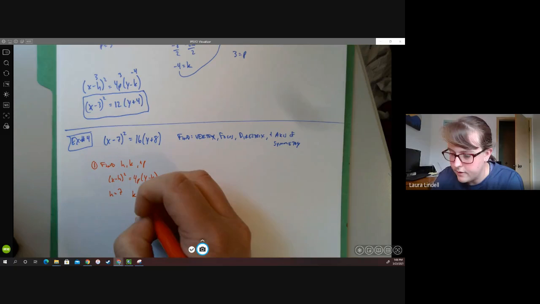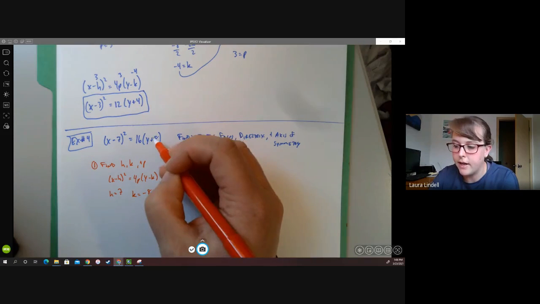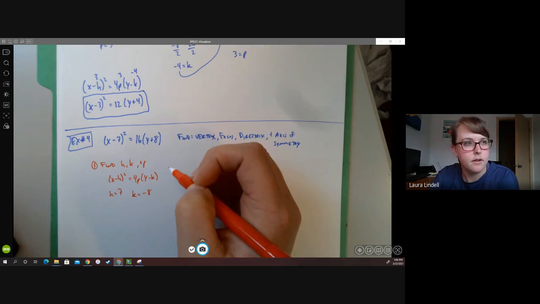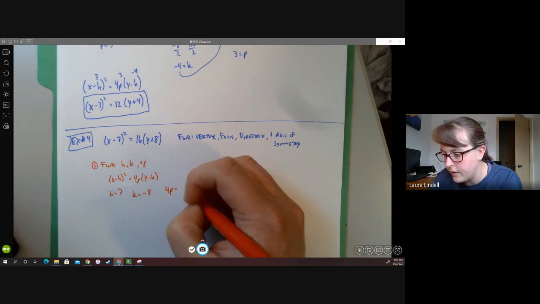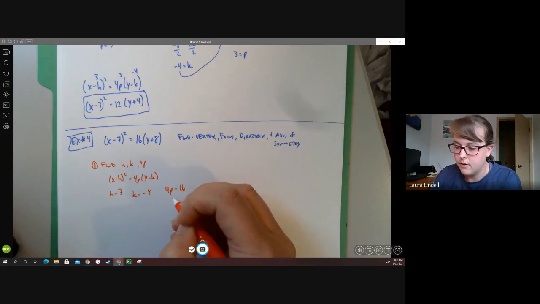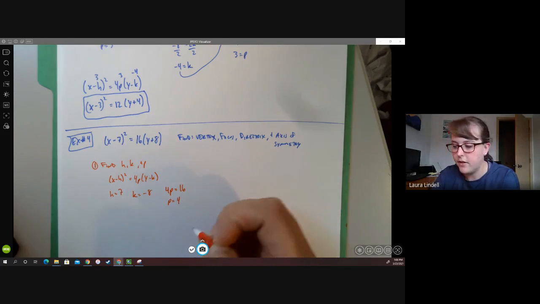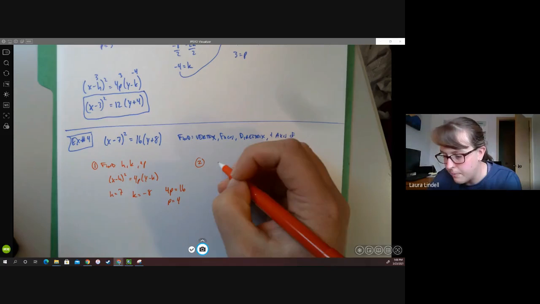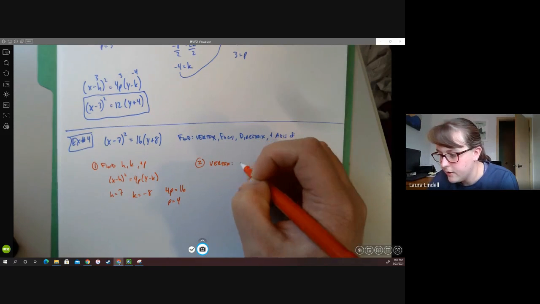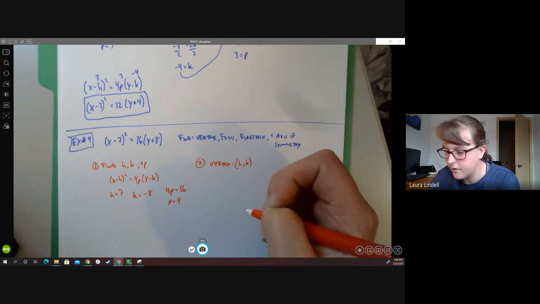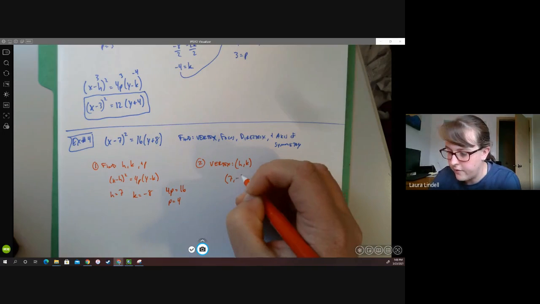K is negative 8, since it's y minus k. And then p, well, we know that 4p is 16, so then p must be 4. So we have h, k, and p. Step 2, the vertex is just (h, k) here. So that gives us the vertex of (7, -8).